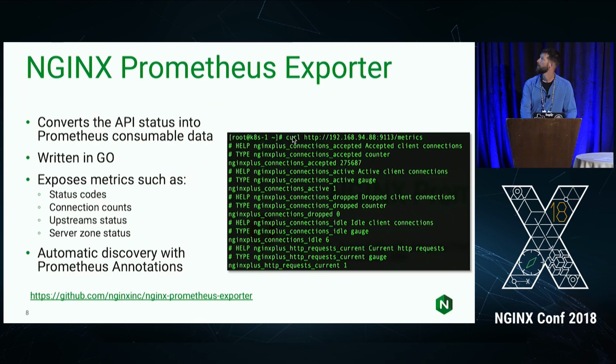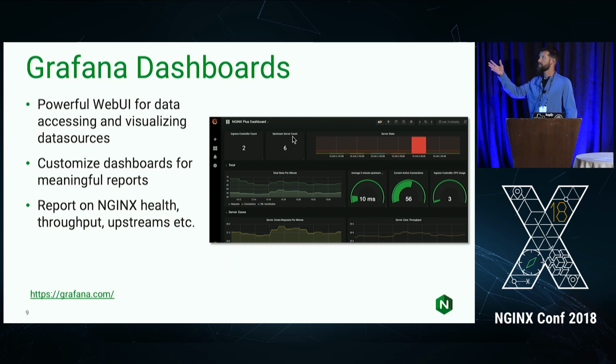Right, so the last piece of this is going to be the Grafana dashboard. The dashboard is going to give us the interface to actually visualize all these metrics that we got out of Prometheus. These are customizable.